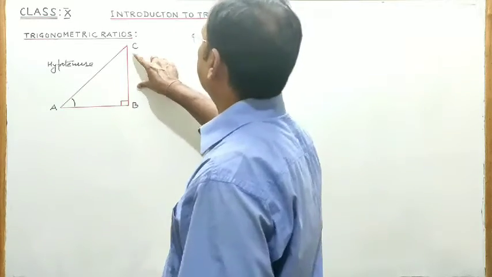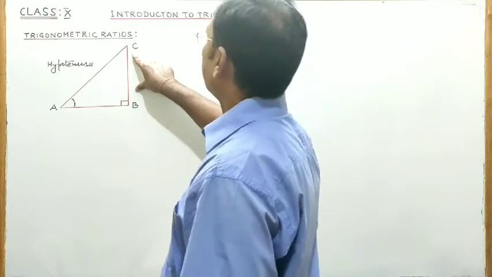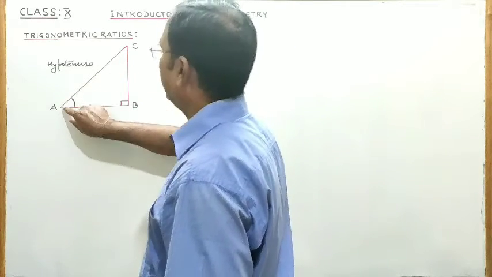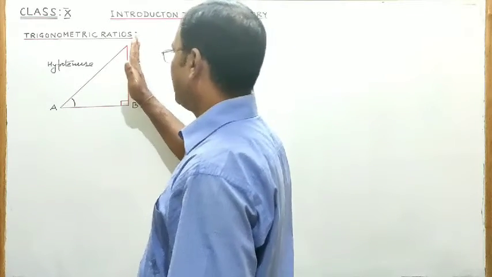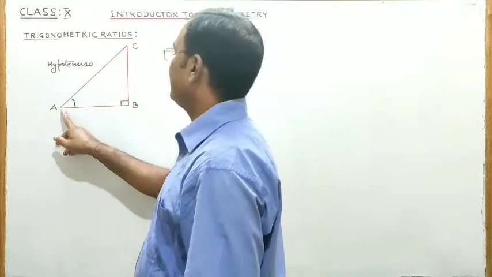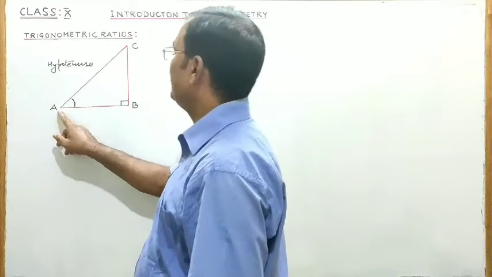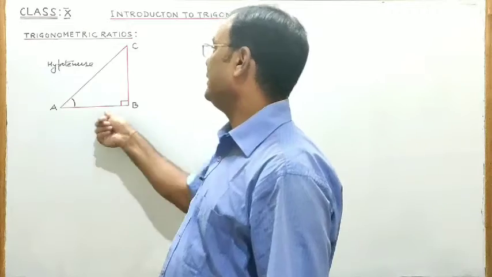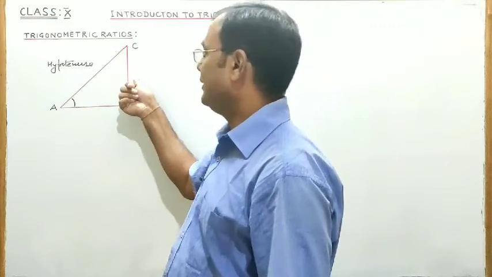Now note this side BC, which is directly facing this angle A. That means side BC is the side opposite to considered acute angle A in this right angle triangle ABC.